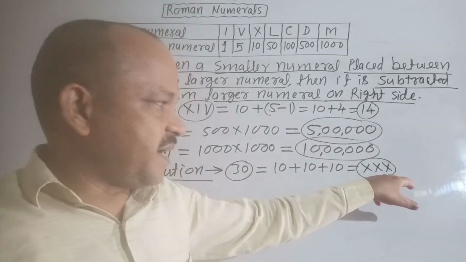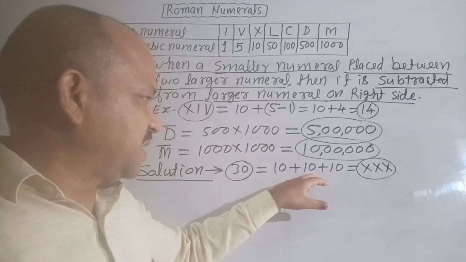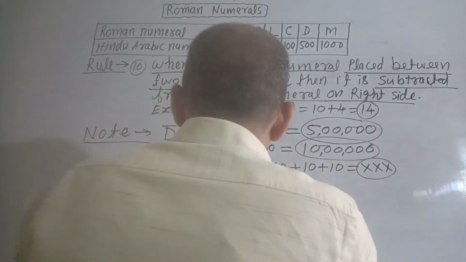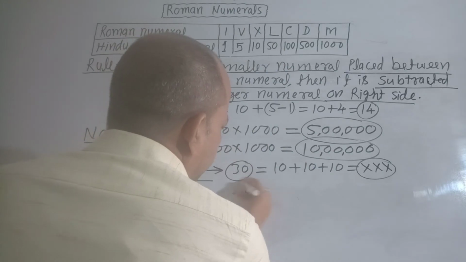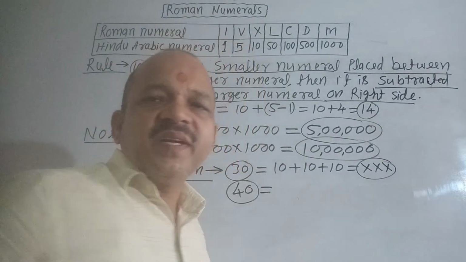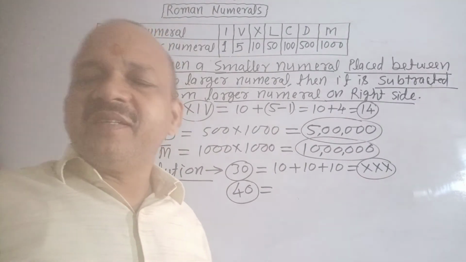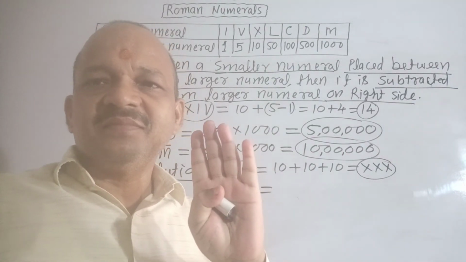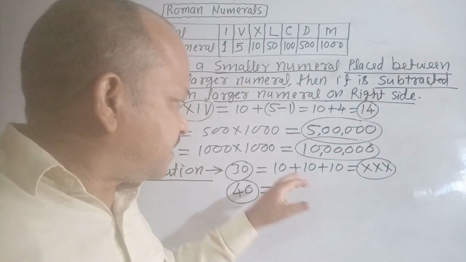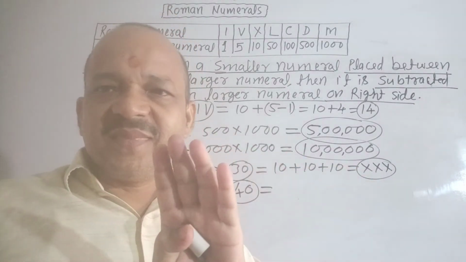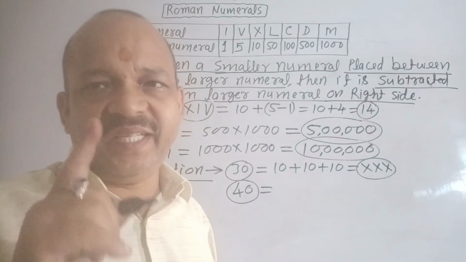Clear? Here XXX means 10 plus 10 plus 10, 30. Clear? 40. Here 40, you cannot repeat X 4 times. You cannot write 10 plus 10 plus 10 plus 10, 4 times. Clear? It is very important.